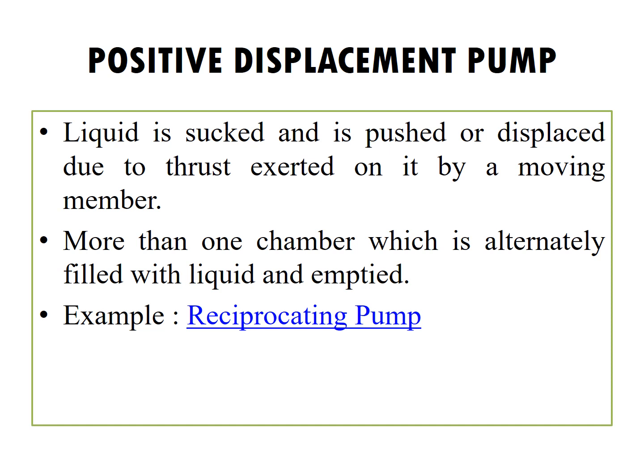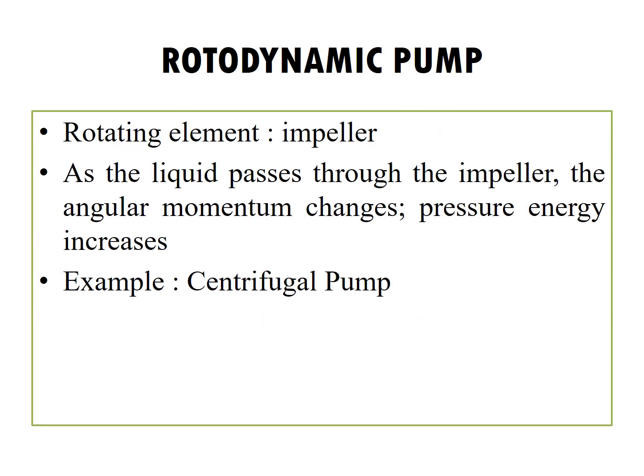There is more than one chamber which is alternately filled with liquid and emptied. An example is the reciprocating pump. Now, a rotodynamic pump has a rotating element which is known as the impeller. As the liquid passes through this impeller, the angular momentum changes and pressure energy increases. This is the way it works. An example is the centrifugal pump.